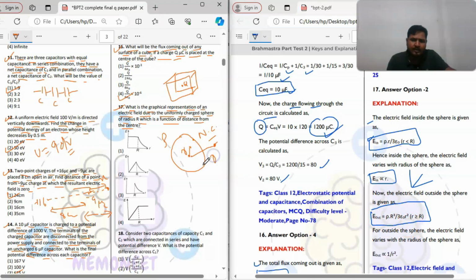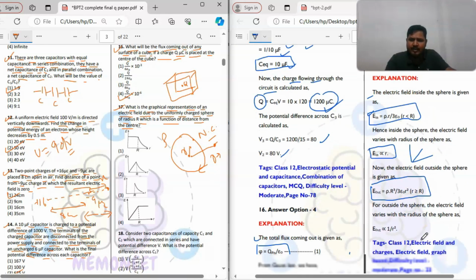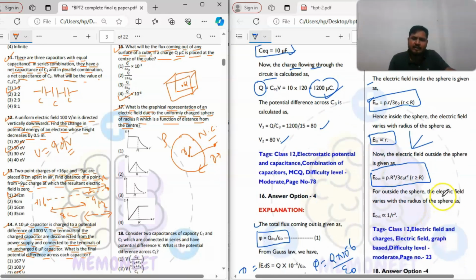So outside the sphere, the electric field varies as E out proportional to 1 by r square. This is a rectangular hyperbola, like this. So which option is correct? The second option is the correct option.